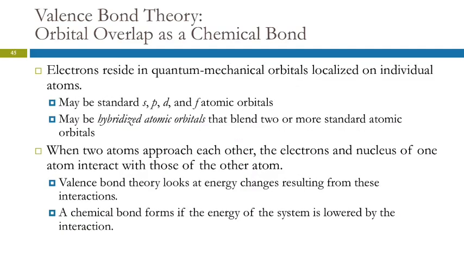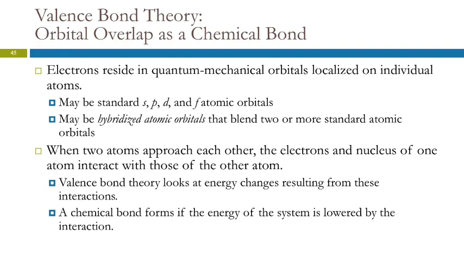Okay, so quick review of quantum mechanics. Electrons reside in quantum mechanical orbitals. Those are localized on individual atoms. So that's the S, P, D, and F atomic orbitals.